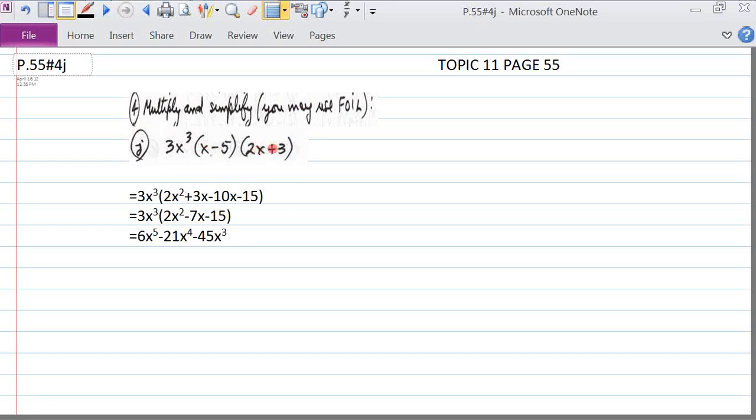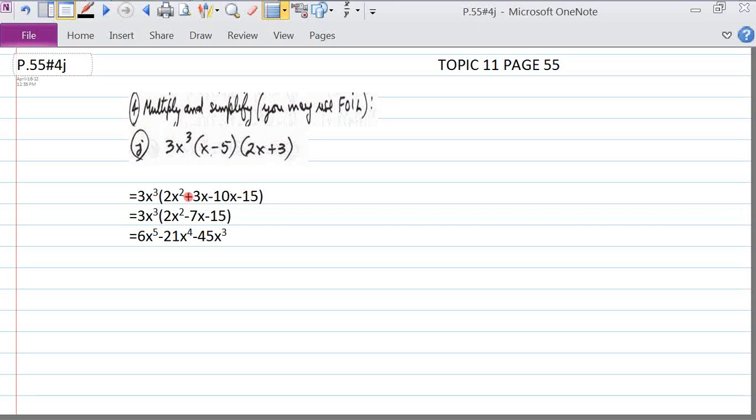Now, the outer one is plus 3 times plus x gives us plus 3x. So that's the outer one. The inner one is minus 5 times plus 2x, which gives us minus 10x. And then the last one is minus 5 times plus 3, gives us minus 15.